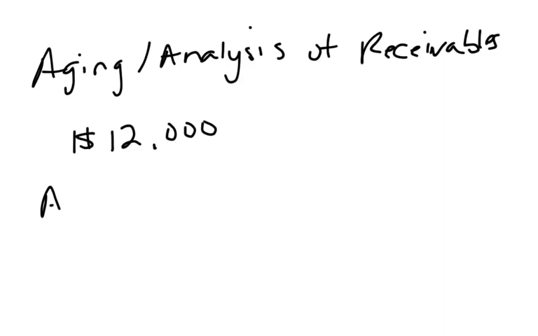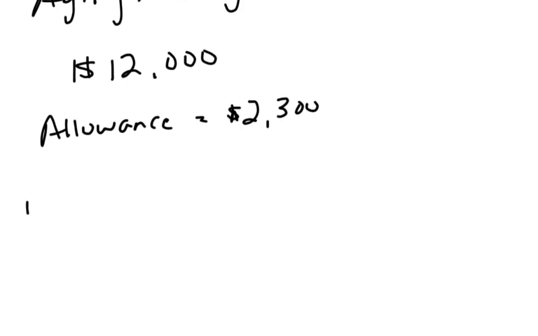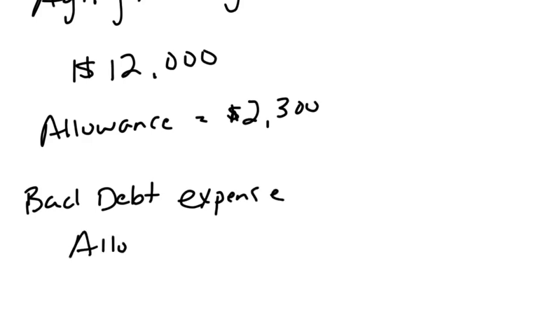So let's say that the allowance account right now, before we adjust, has a balance of $2,300. Okay? So my adjusting entry then, again, we still have bad debt expense and our allowance account.